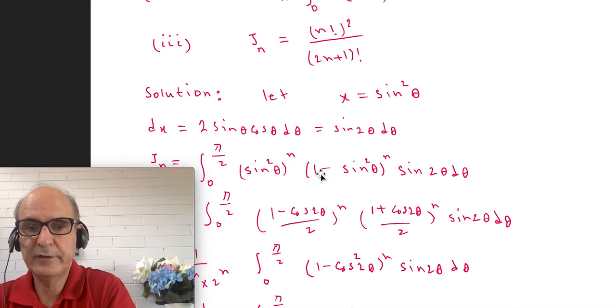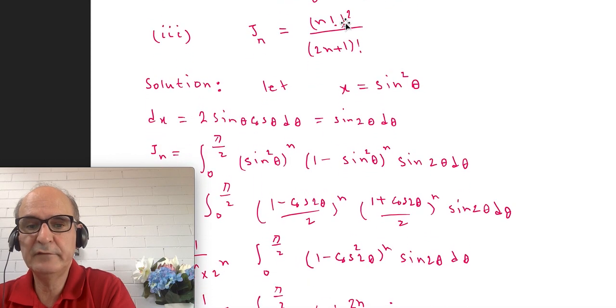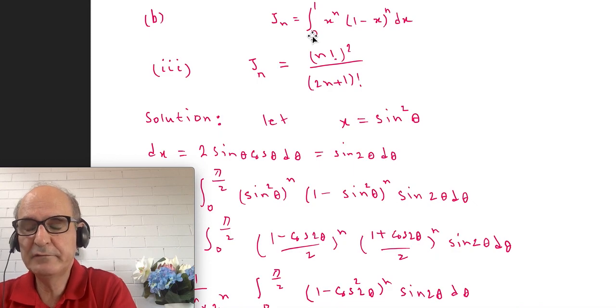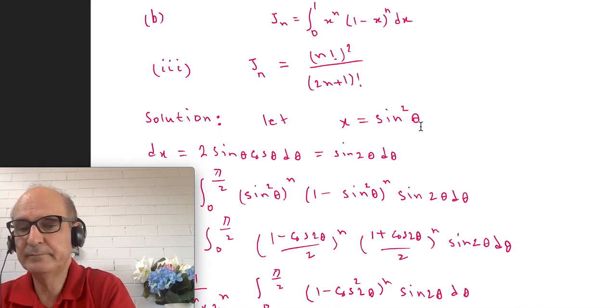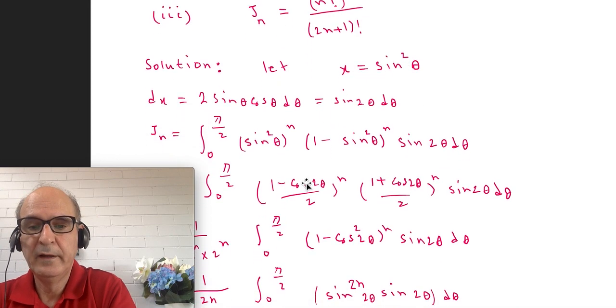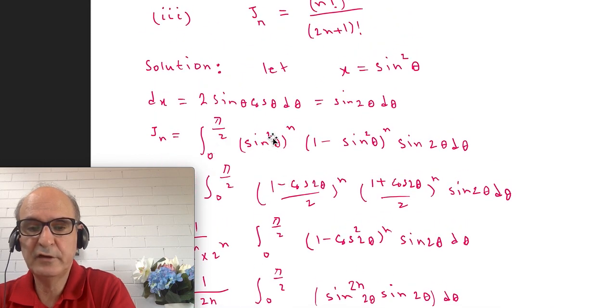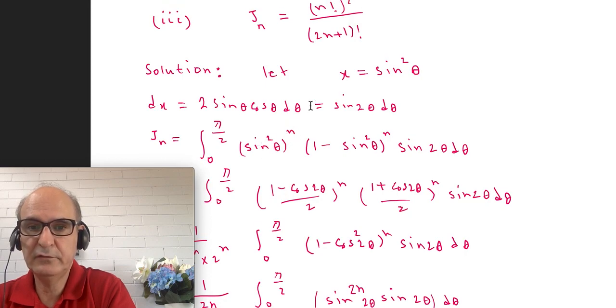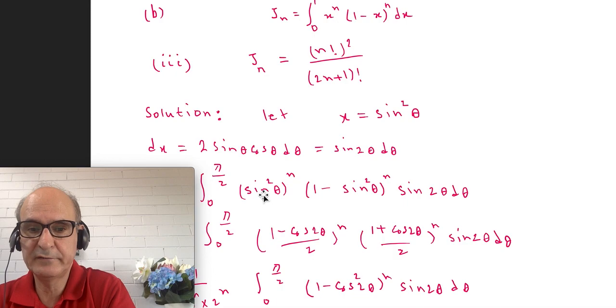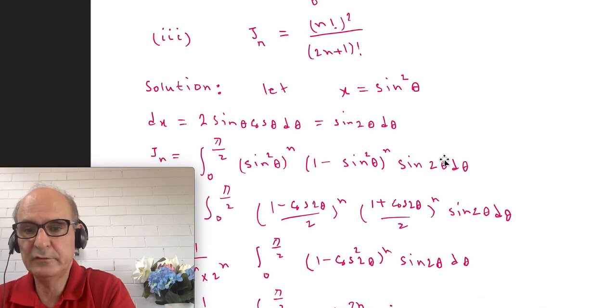Then the original integral Jn will be equal to the integral, and my limits will change from 0 to pi on 2, because if x is 0, then theta is 0, and if x is 1, then theta is pi on 2. And the integral will change to 0 to pi on 2 of sine squared of theta to the power of n, so in place of x, that's what we have, 1 minus sine squared theta to the power of n, and then in place of dx we have sine 2 theta d theta.